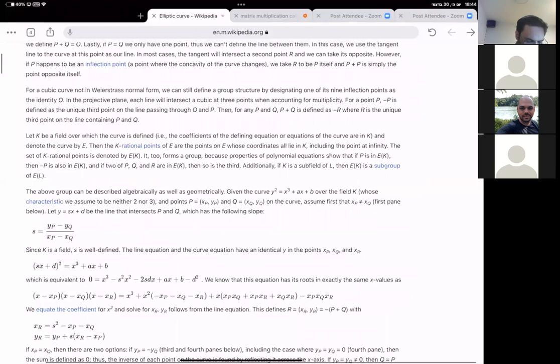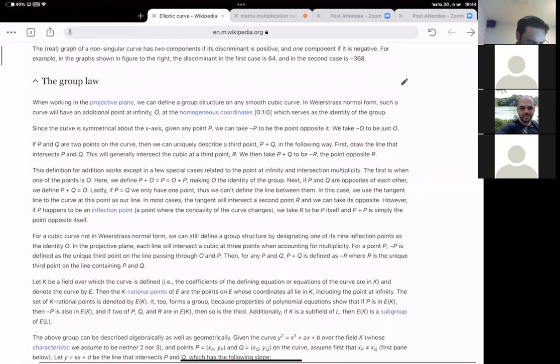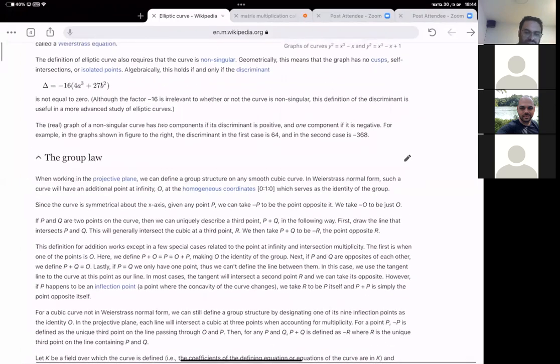But now, why did we take the power of 3 in the equation, in the polynomial? The reason is that we wanted 3 points to be on the line, because we wanted a binary system where you can put 2 points and get the third one.